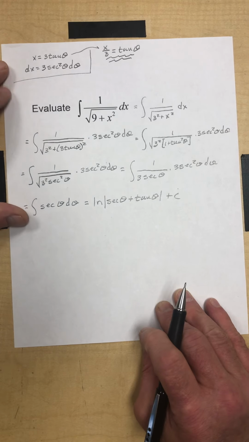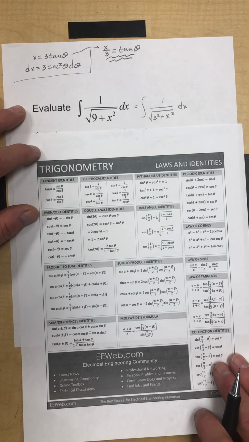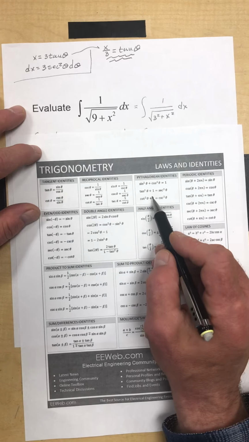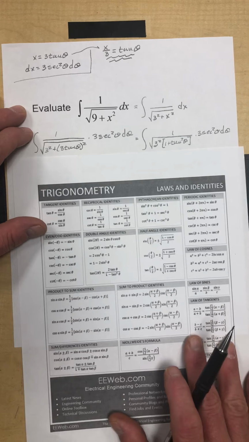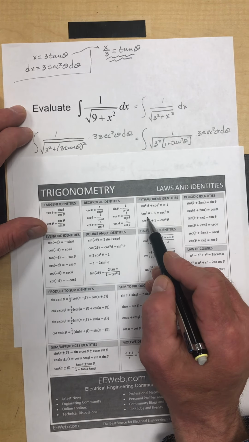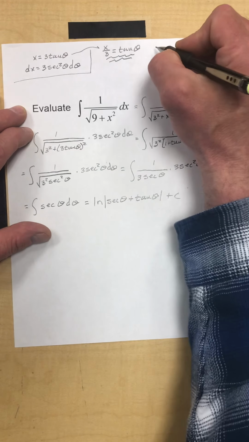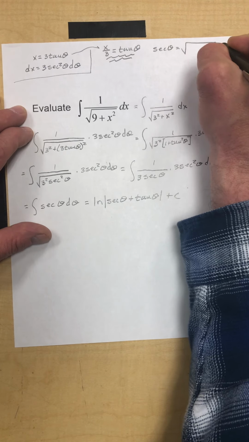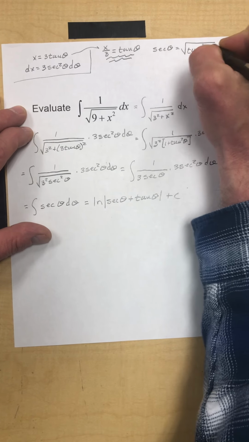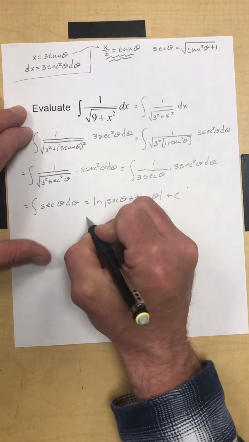If we go back to our Pythagorean identities, secant of theta would be the square root of tangent squared plus 1. So secant theta equals the square root of tangent squared theta plus 1. I think we're in good shape here.